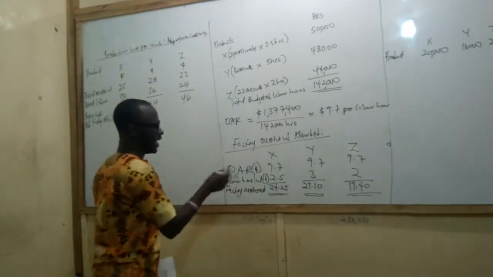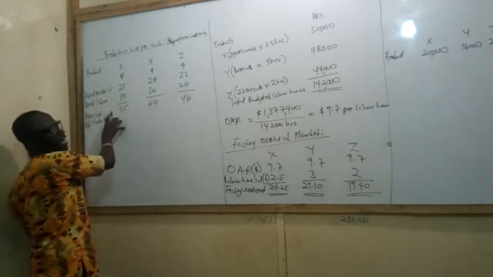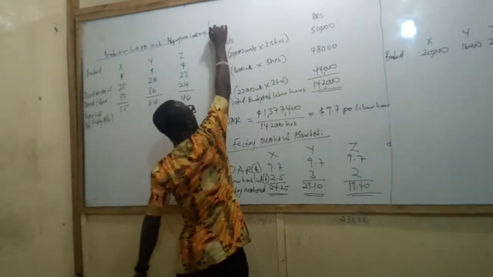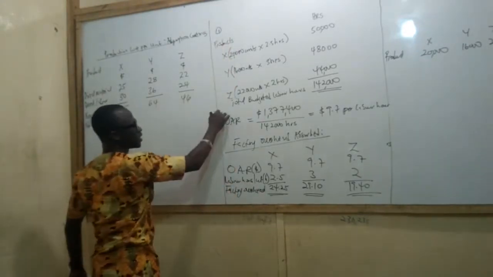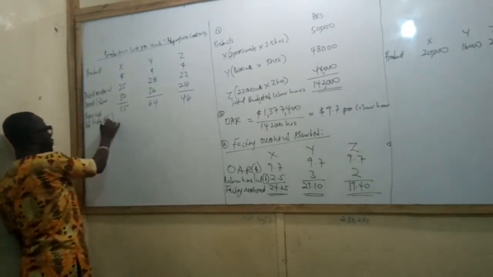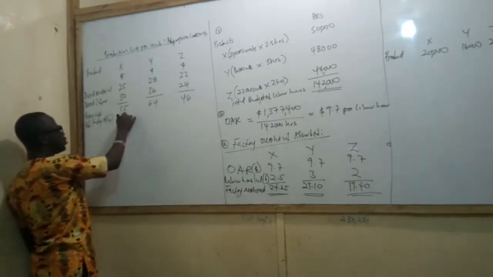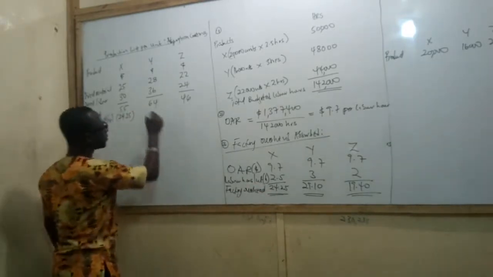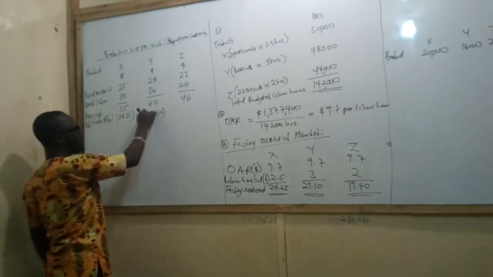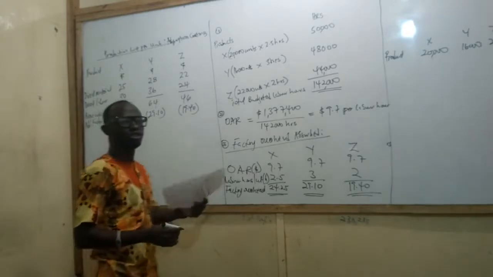Now, it is this overhead absorbed. So we could say this is workings 1, this could be 2, and this could be 3. So I say from workings 3, I bring this guy up. 24.25, 29.10, and then 19.40. People, do you understand?